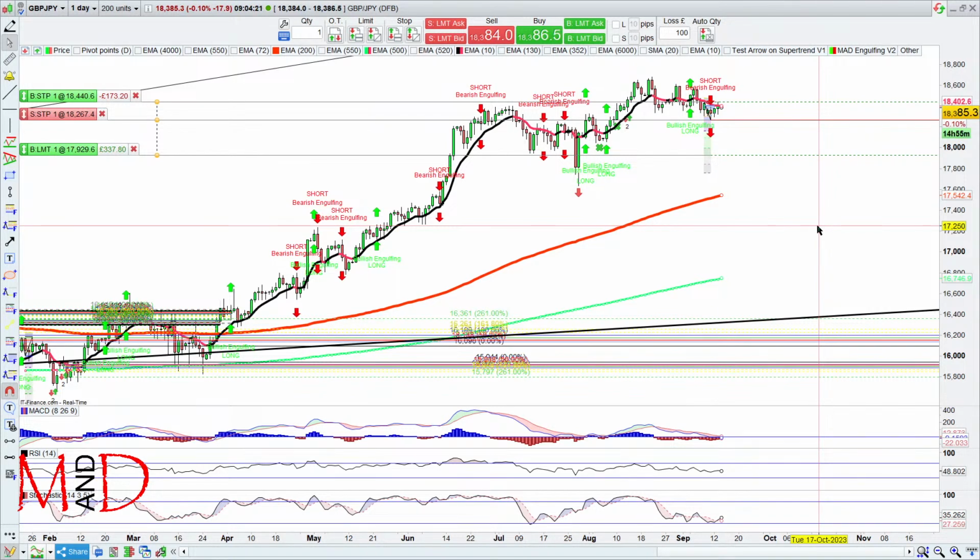Previous was 0.7. Estimated is going to be 0.2. So that's a decrease in retail sales, and I'm not surprised. People haven't got any money, and they've been sacked. Lots of people have lost their jobs, which is very sad. Inevitable, but sad. And I still think that's going to be bad news for the UK.